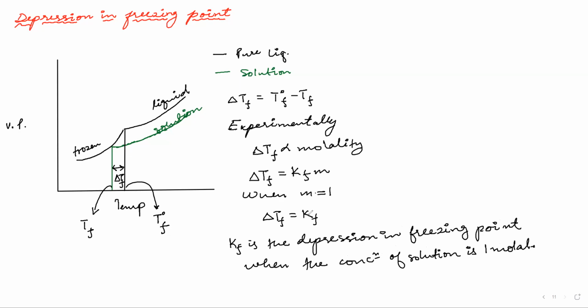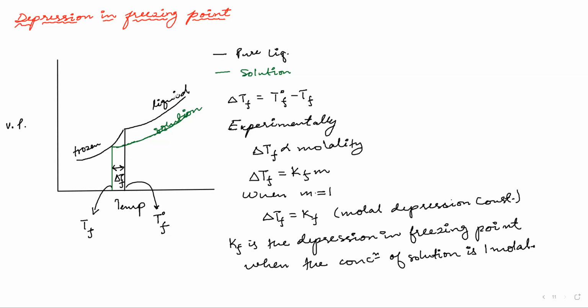Now, hence this will be known as the molal constant. Molal constant, or molal depression constant. Molal constant of depression or molal depression constant. Okay, let us look at it again.